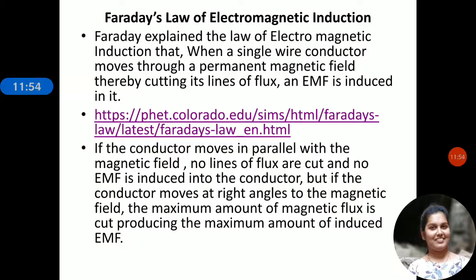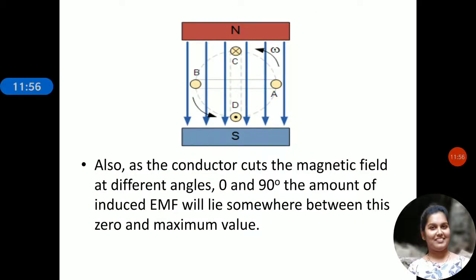Also, here we can see that the conductor cuts the magnetic field at different angles. Like if we see the coil AB, it is moving from position A to C, B, D. In all the positions, if the conductor is in position C and D, it is parallel to the lines of magnetic flux, so the induced EMF will be 0.